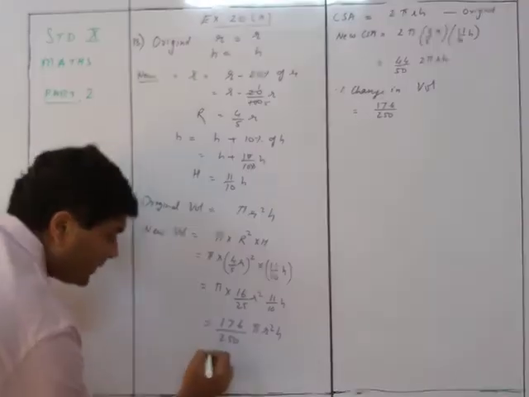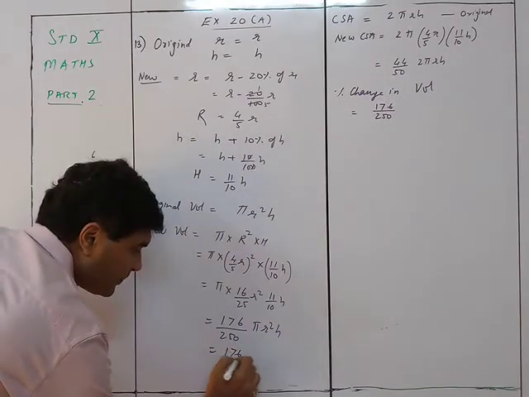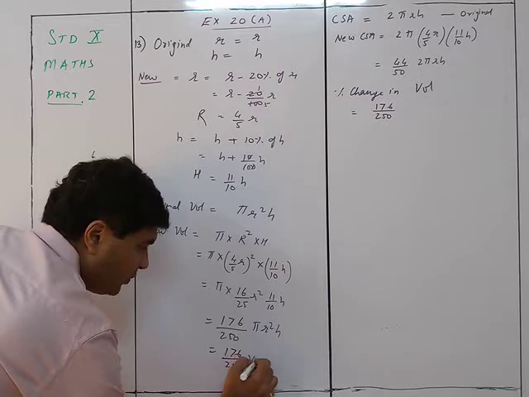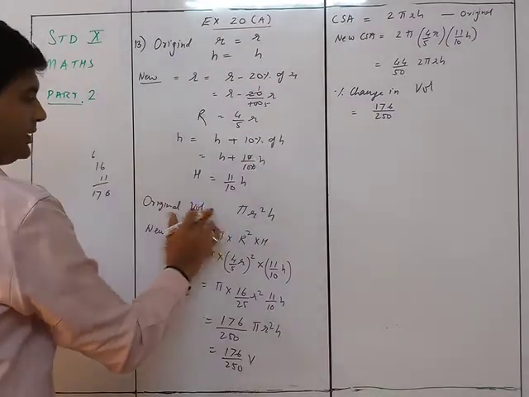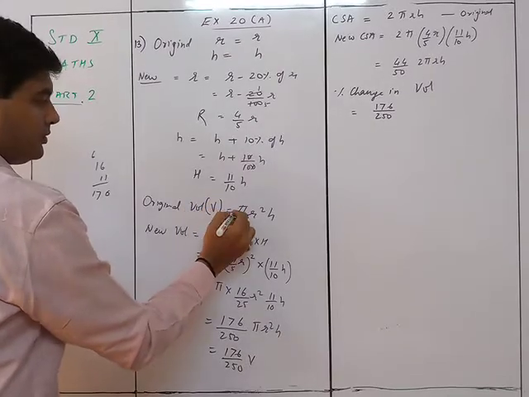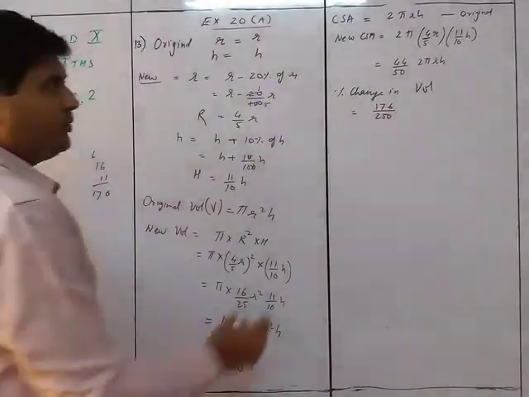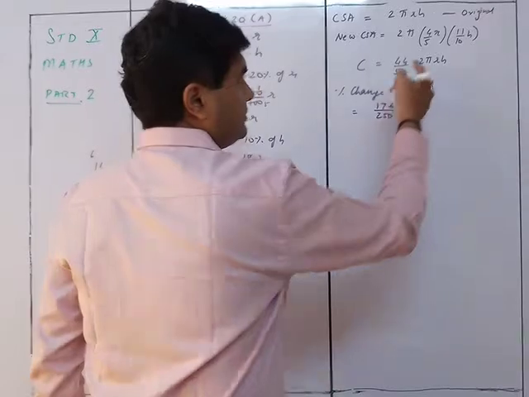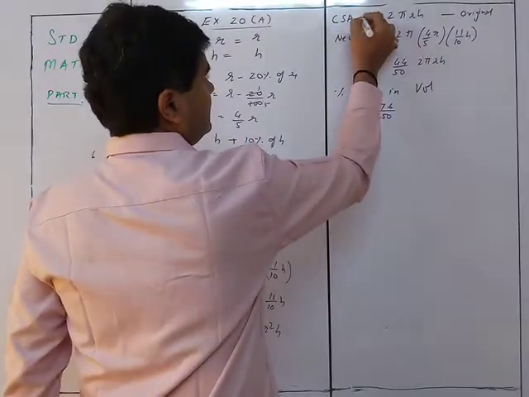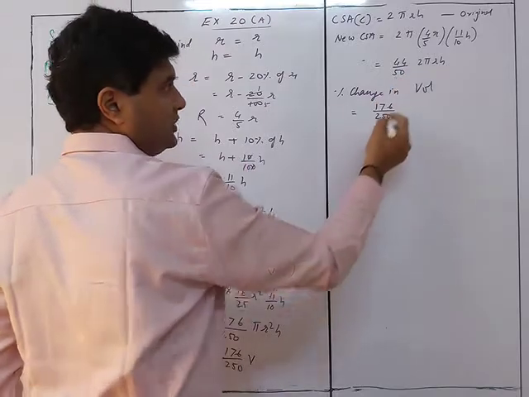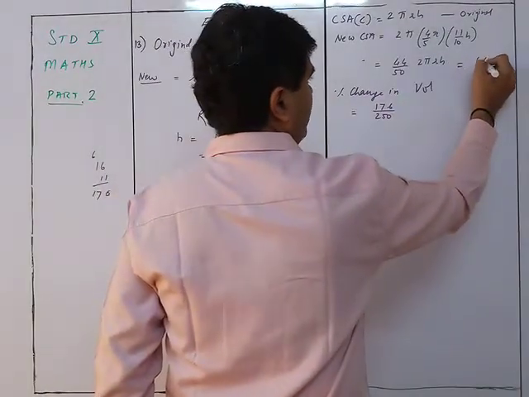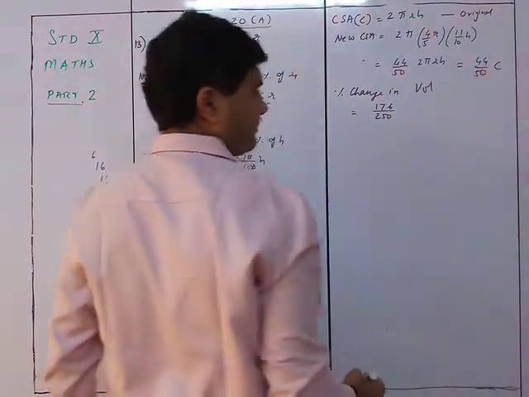Or we can directly write over here, this is equal to 176 upon 250 V, because we have taken this as V. So let's make it simple. Over here also we will take it as C. So the new CSA is equal to 44 upon 50 C.